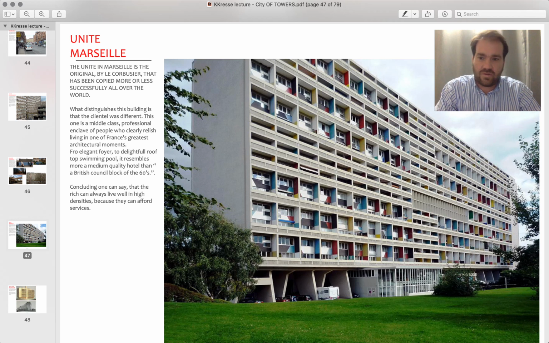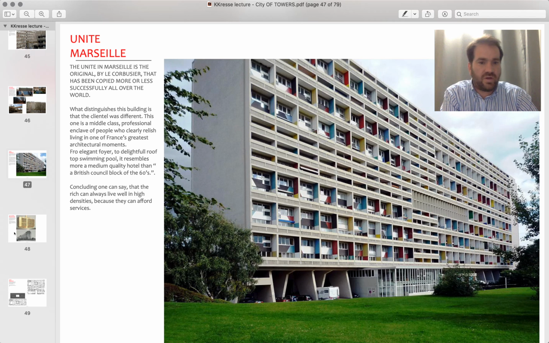Because in Korea, probably the most wanted typology to live in is the high-rise. So essentially, the problem cannot be in the architectural typology. There must be something in how you deal with it, how you maintain it, how you finance it, something about the process, not about the typology.